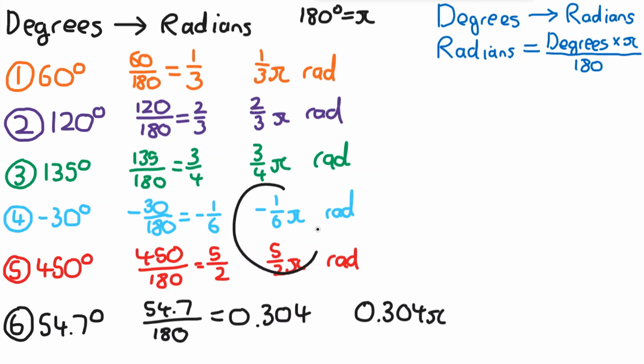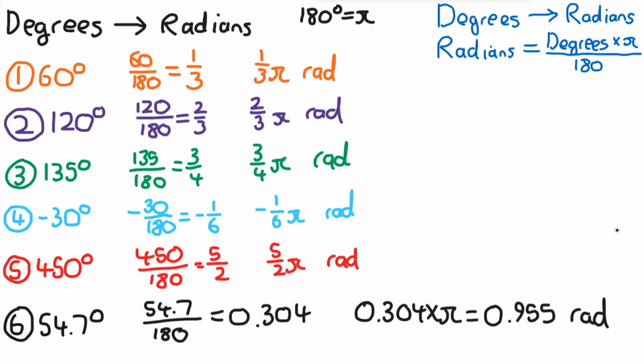We only do this if we have fractions. If we've got a decimal, what we actually do is we times this by the pi, and if you put it into a calculator, you'll get 0.955 here, and then we write it as this. So it's going to be 0.955 radians like this.